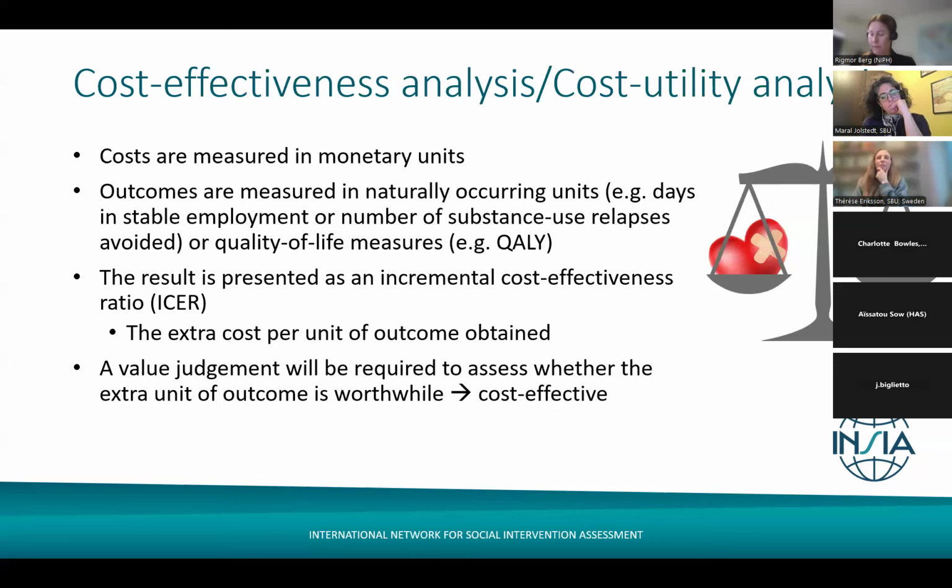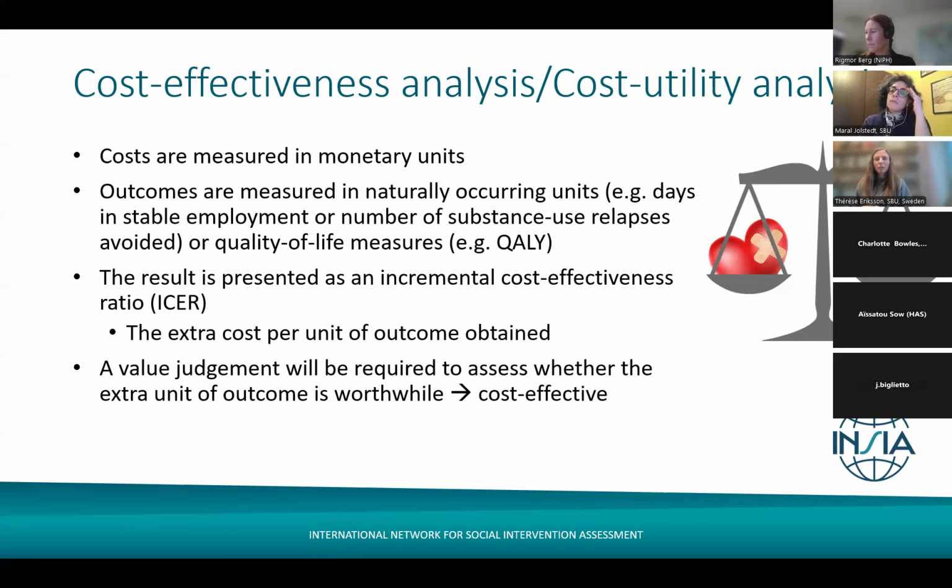Costs in a cost effectiveness analysis are still measured in monetary terms, but we let the outcomes be measured in naturally occurring units, for example, days in stable employment or number of substance use relapses avoided, or more generic measurements such as quality of life and quality adjusted life years.